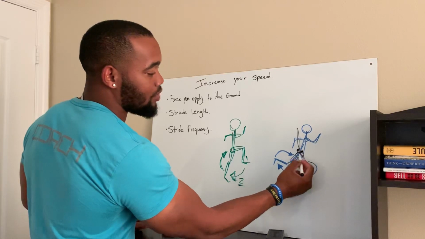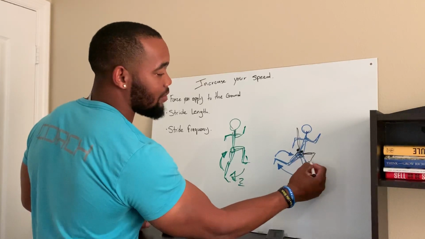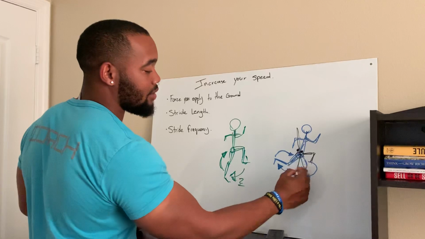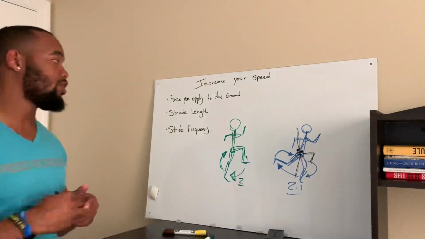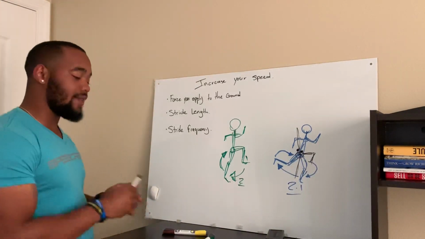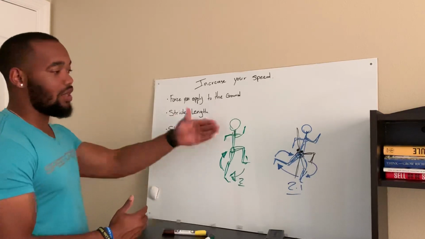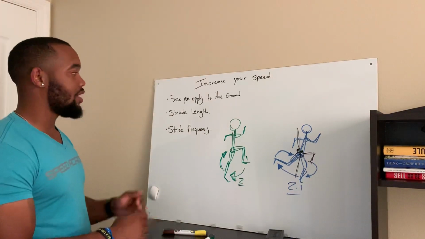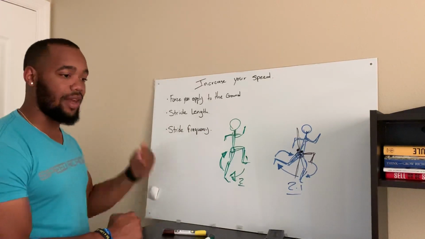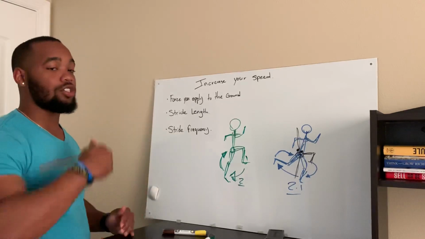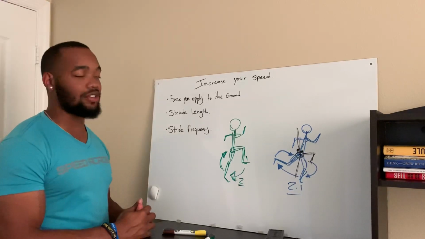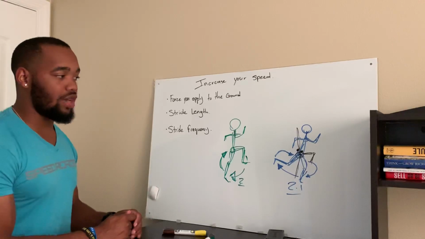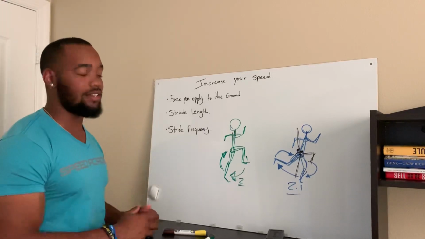And when you do hip flexor work, that'll help you drive that knee up higher, and that'll automatically help you cycle better. So that's why athletes like Usain Bolt will always come forth and win a race, because number one, he's applying a lot of force to the ground. Number two, his stride length is bigger than the average athlete. And number three, his stride frequency is just as fast as anybody else.